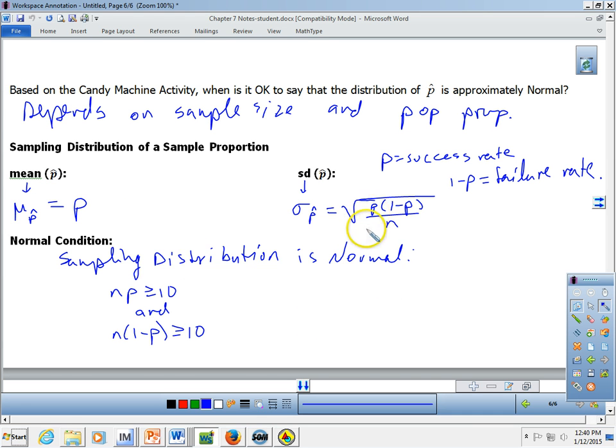Now, again, because this is all sort of based on this binomial variable, and again, page 436 does a much better job of going through the details there, that means that the success rate has to be the same every time we pull out a piece of candy. And I mentioned before that it is. Well, we know that's not exactly true. We're not sampling with replacement.